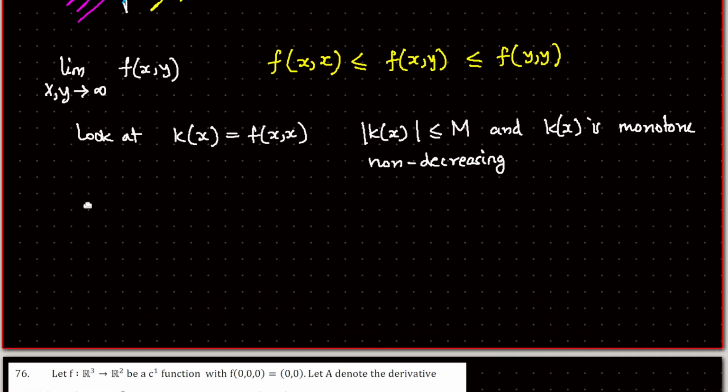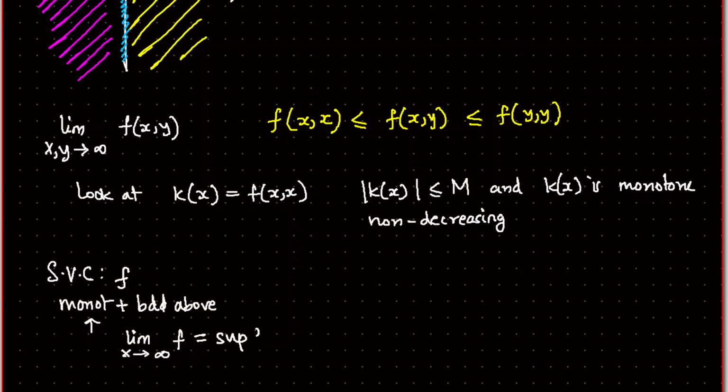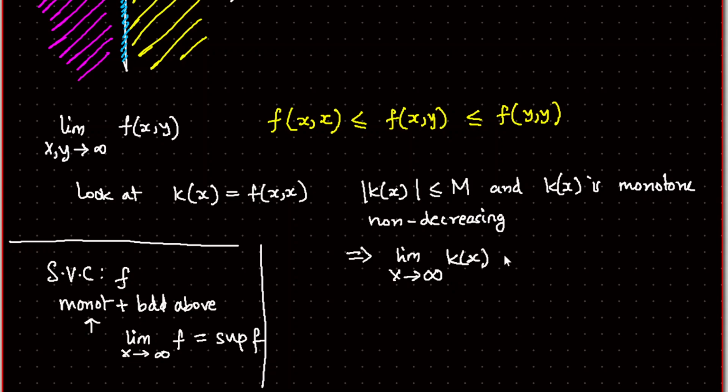Now we have a result from single variable calculus: if a function is monotone increasing and bounded above, then the limit as x goes to infinity of that function will be equal to the supremum of the function. This result applies here, and we get that the limit as x goes to infinity of k of x will be equal to the supremum of f of x comma x, which let's call s.